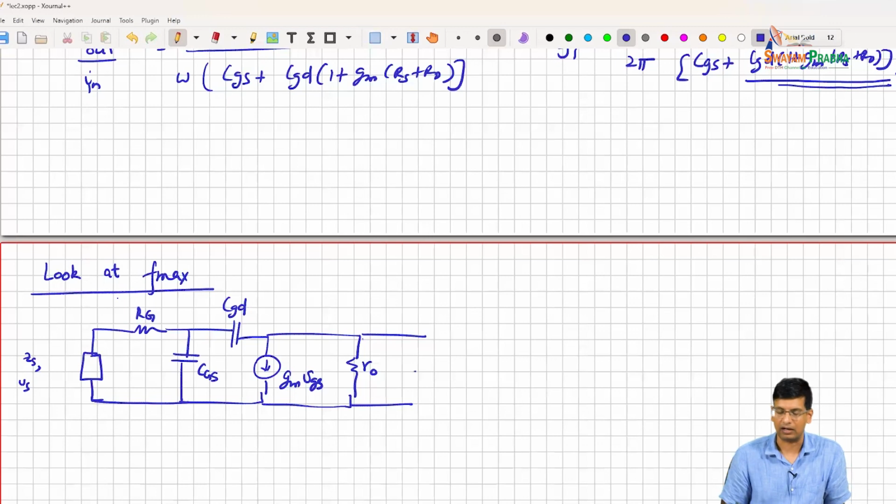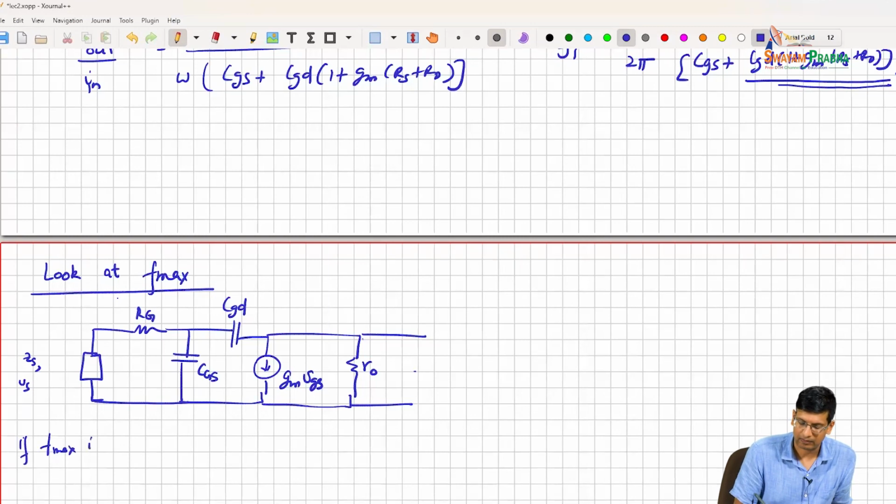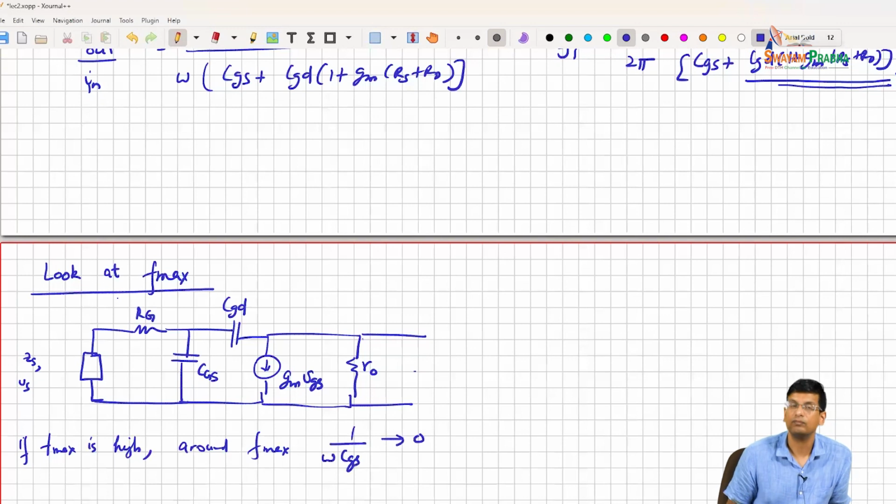So we know that at really high frequency, Fmax is high. So if Fmax is high, around Fmax, 1 over omega CGS goes to 0.